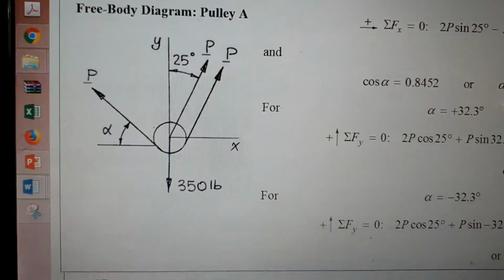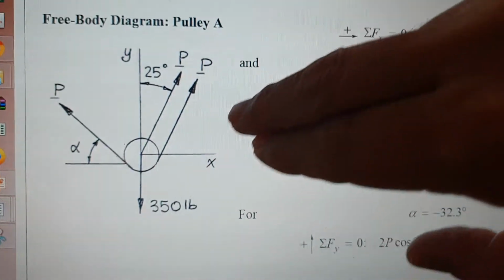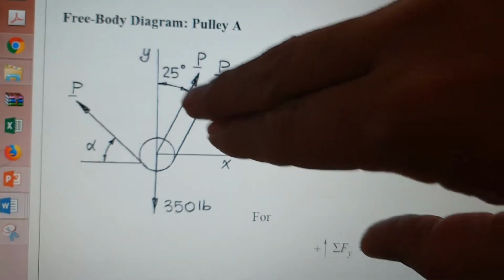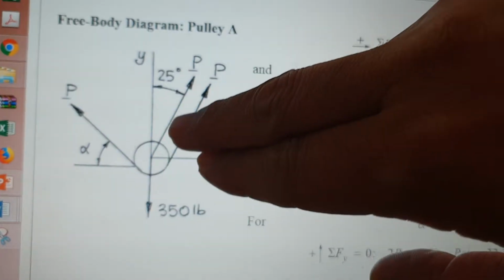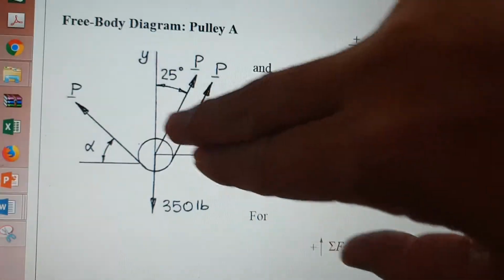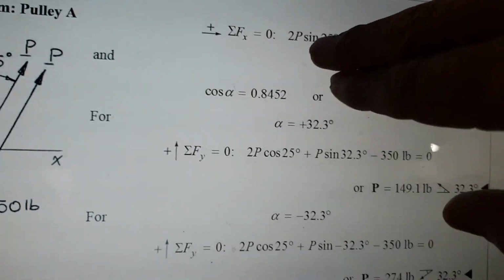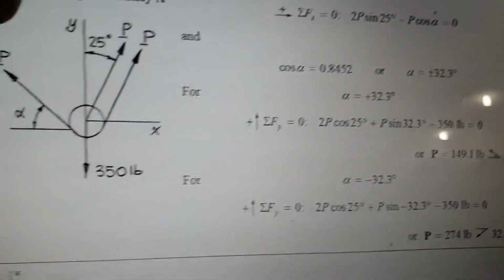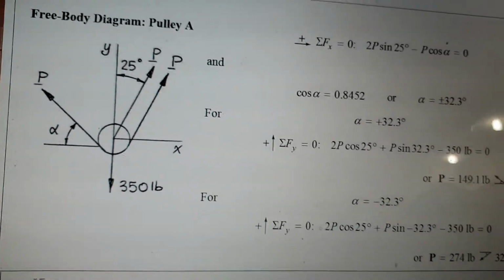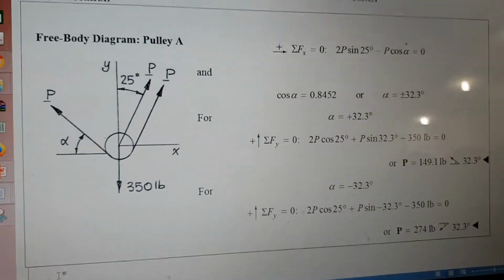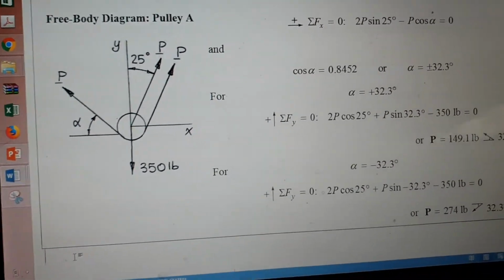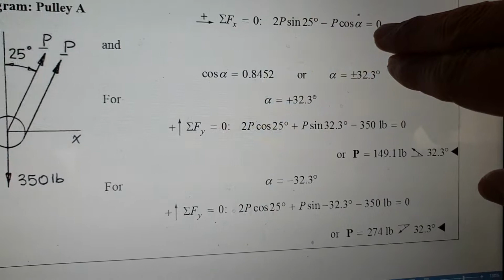For this pulley, you can see that there are two B's, so we can add these two B's. 2B in the x-axis, 2B sine 25. This is cosine 25 in y, but sine 25 in x. 2B sine 25, and you can see that this P is going the other side, minus P cosine alpha, in the negative x. So minus P cosine alpha equal to 0.